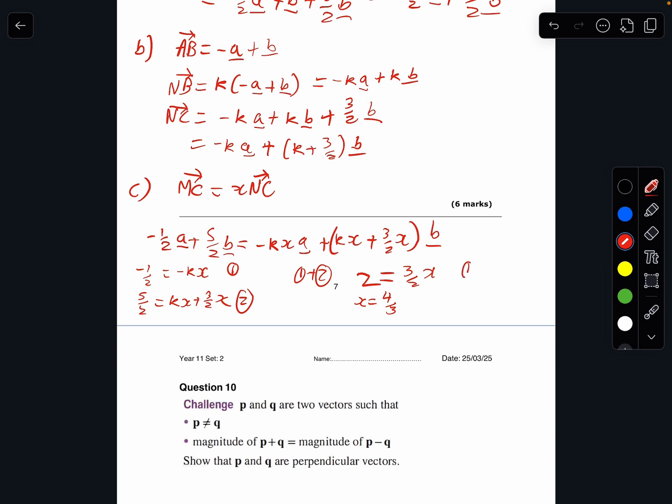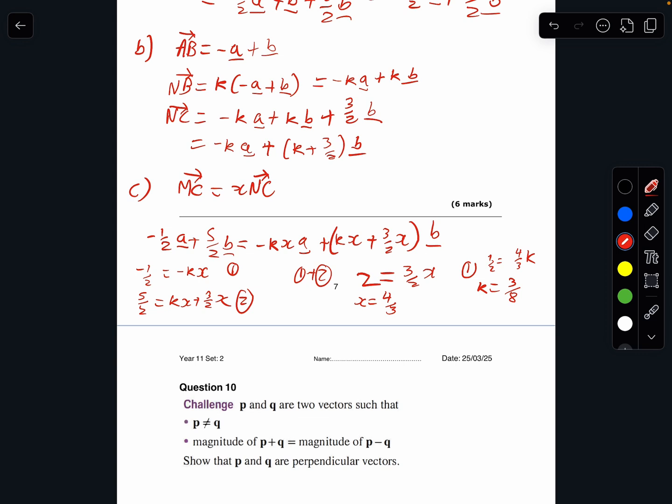I'm going to sub it into 1. So minus a half is minus 4 over 3 times k. Just move the x to the front now, because it's a number. I can get rid of the minus sign very quickly, because there's a minus on both. Times by 3, divide by 4, k is equal to 3 over 8. That is us done.